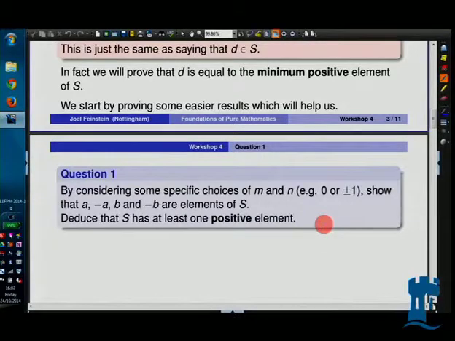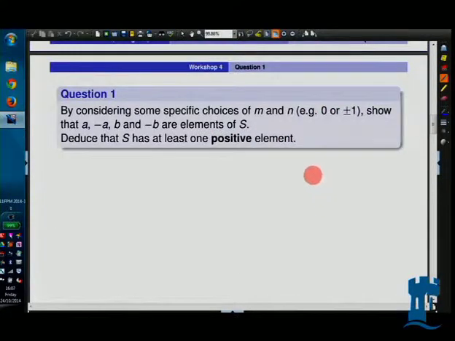We don't know whether A or B are positive or not, but at least one of A and B is not 0. And if A is not 0, then A is either positive or negative. And then you can try case-by-case analysis. There's only about 4 cases to deal with. And then you'll know that S has got at least one positive element. So we'll come round and see if you're getting on okay with that. I shall pause the recording and we'll come round and see.